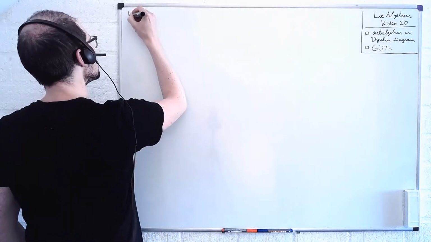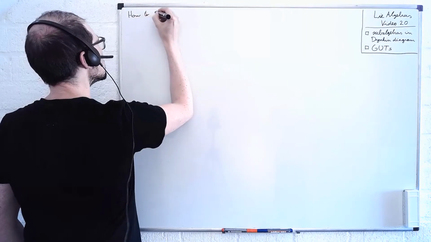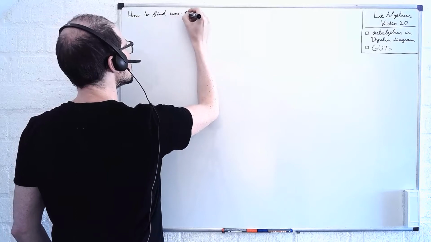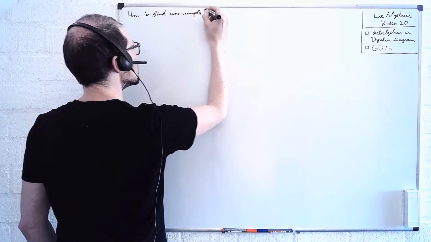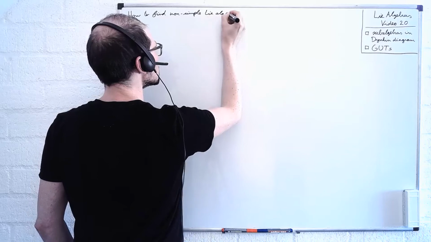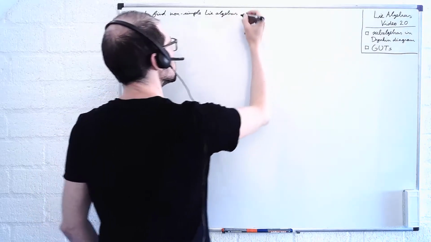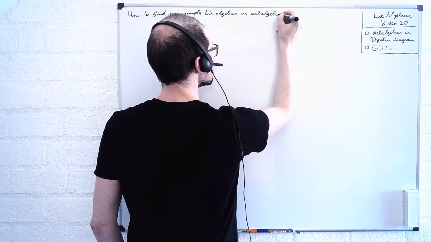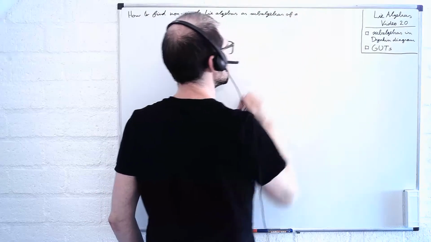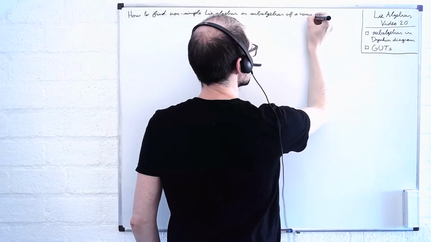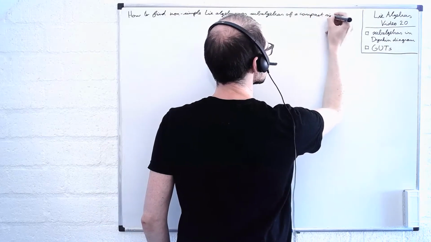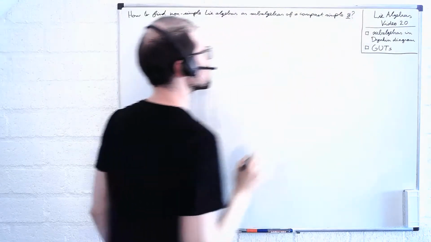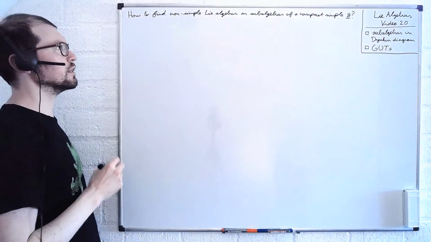So here's a general question: how to find, for instance, non-simple Lie algebras as subalgebras of a compact simple Lie algebra, say G, starting from its Dynkin diagram.